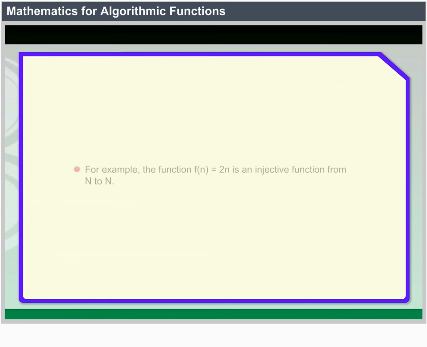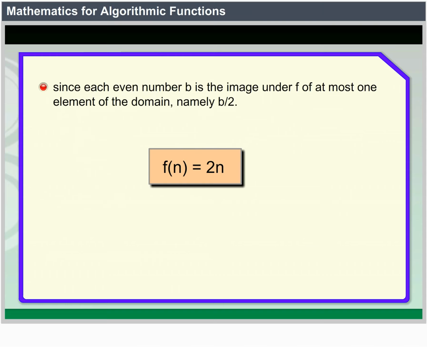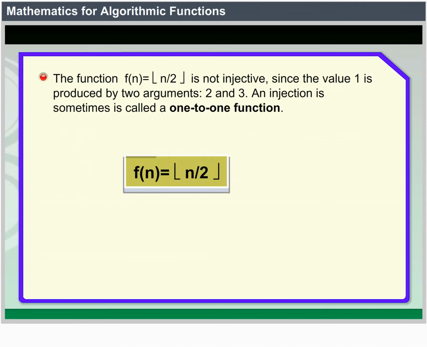For example, the function f(n) = 2n is an injective function from N to N, since each even number b is the image under f of at most one element of the domain, namely b by 2. The function f(n) = floor of n by 2 is not injective since the value 1 is produced by two arguments, 2 and 3. An injection is sometimes called a one-to-one function.